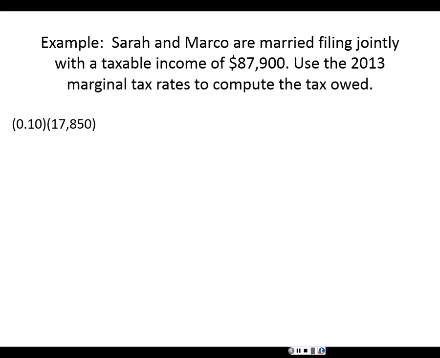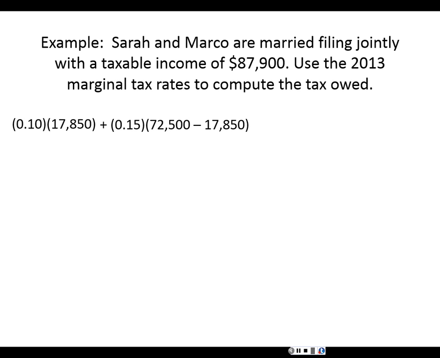Now, they made more income than covers the 15% bracket also. So, for that portion of their income, they will only pay 15% taxes on the part that's below $72,500.